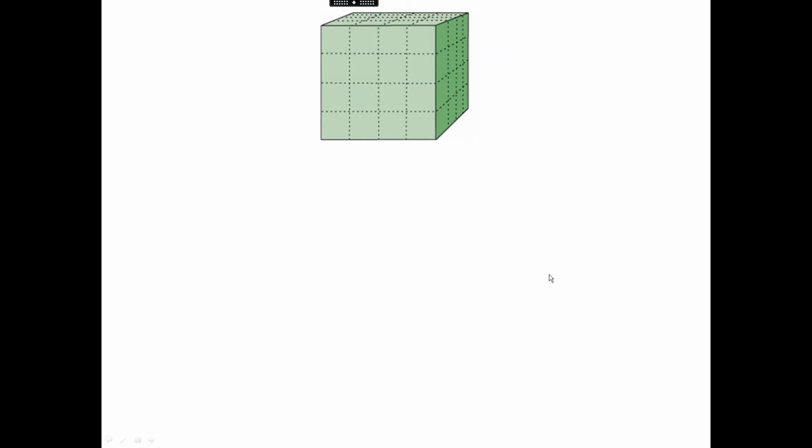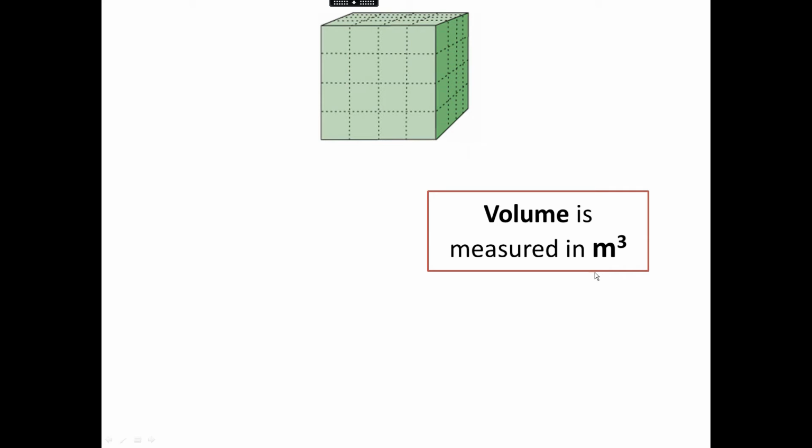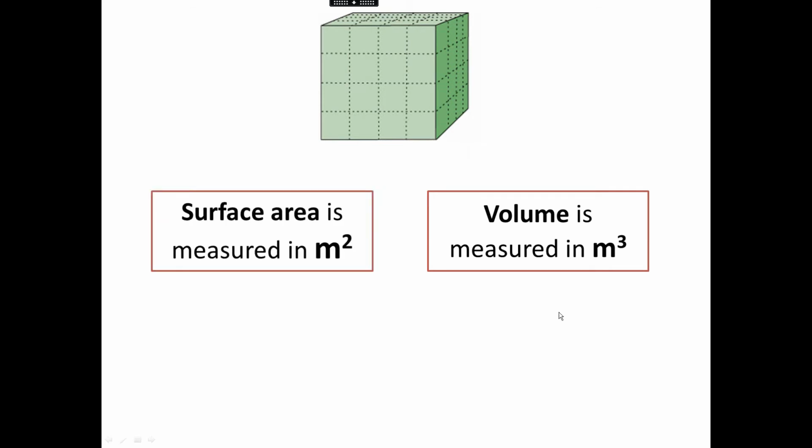Okay, so let's have a closer look at surface area to volume ratio. Now, volume is measured in meters cubed, and surface area is measured in meters squared. Right, now, if we imagine that this cube has a side of 1 meter, so 1 meter on each side, the surface area of one side will be 1 times 1, or 1 meter squared.